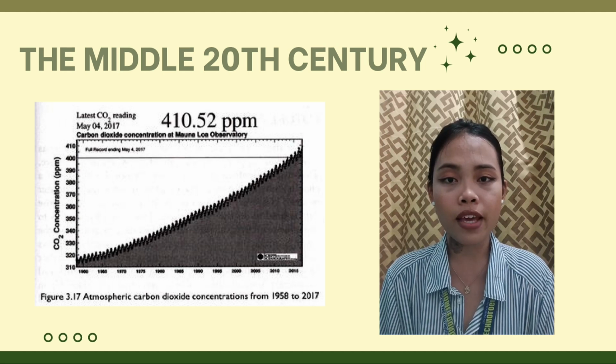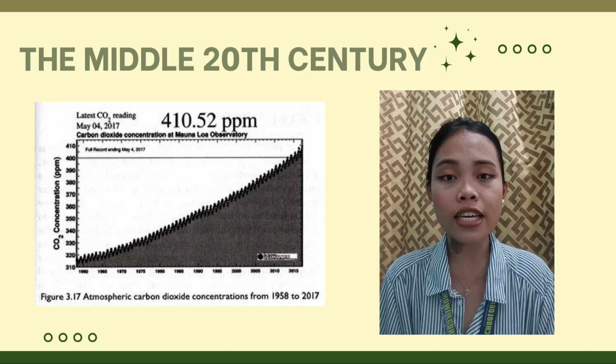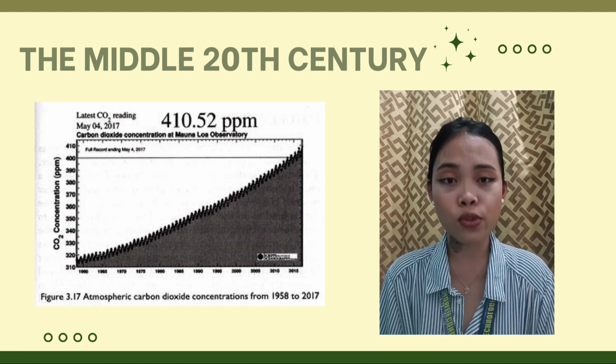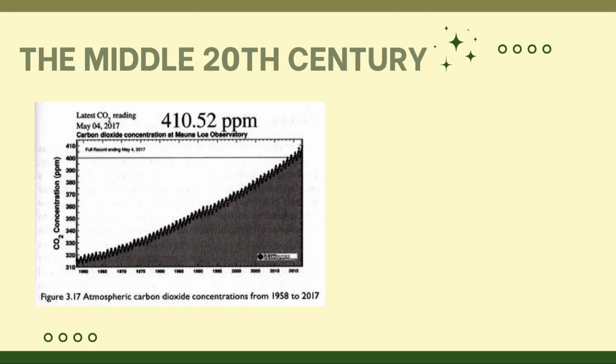The Keeling curve became a landmark in climate science, demonstrating the link between industrial emissions and rising greenhouse gas levels. It also underscored the urgency of addressing human contributions to climate change.